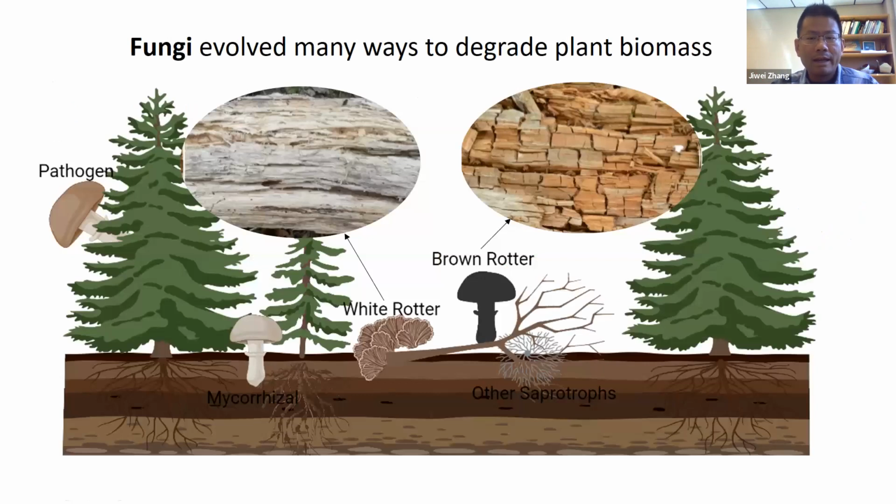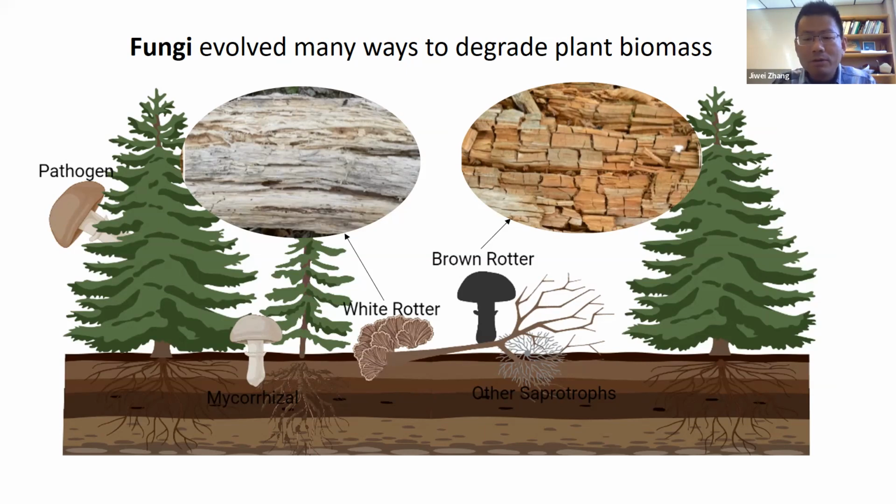In nature, fungi evolved in many ways to degrade plant biomass. You can see clearly when you hike in the forest that a lot of fungi are decaying the wood and the organic matter. For example, this includes some mycorrhizal fungi. They're growing under the ground.